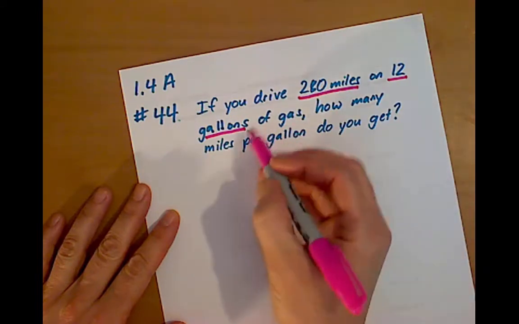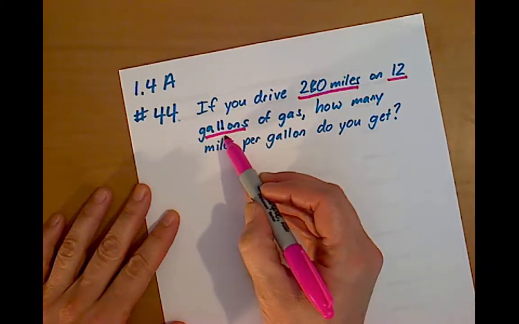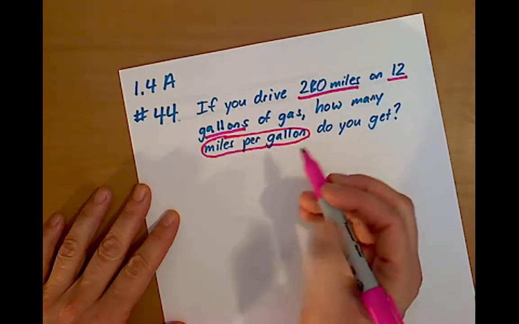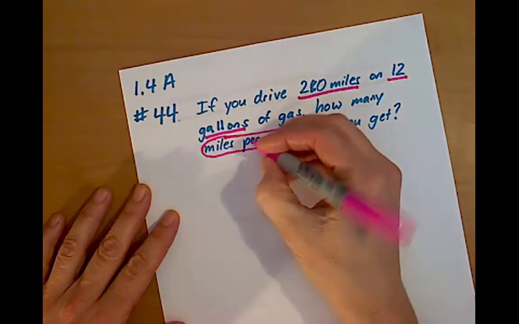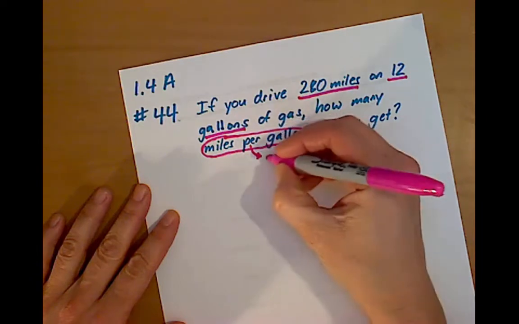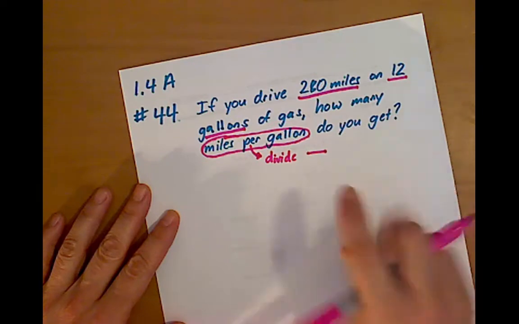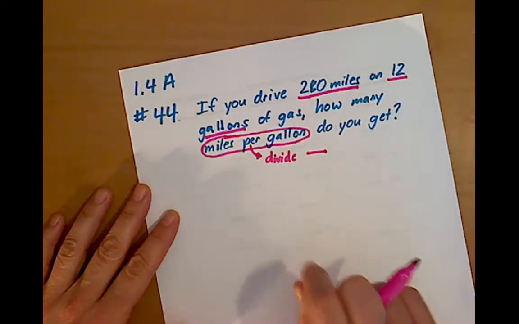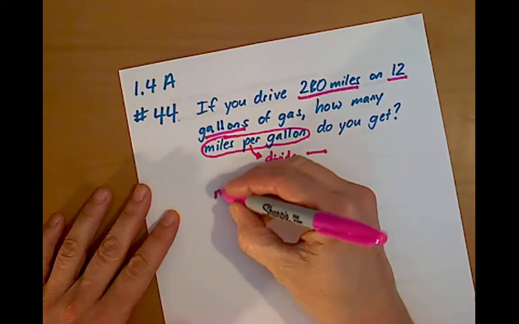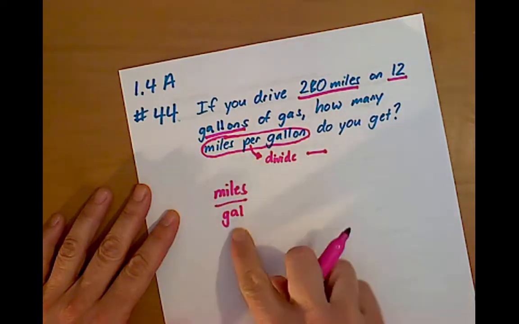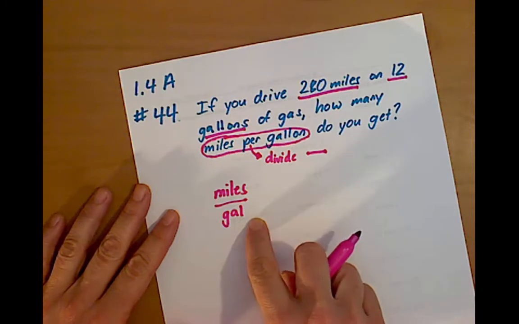And our question here is they want to know how many miles per gallon. Now, when you have a question like this, per right here means divide, or the division line, right? So what they're looking for is miles per gallon, like that. They want the answer to be in miles per gallon.